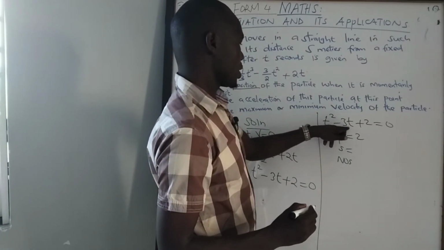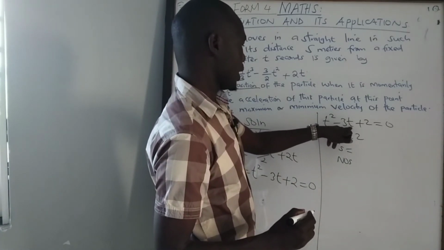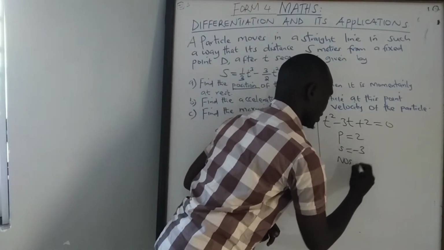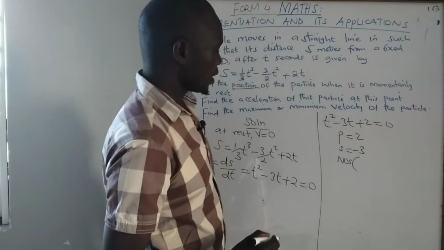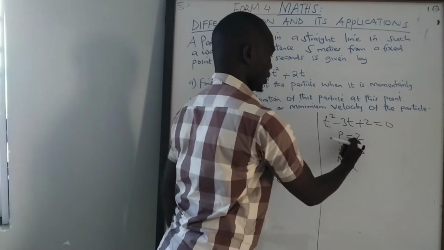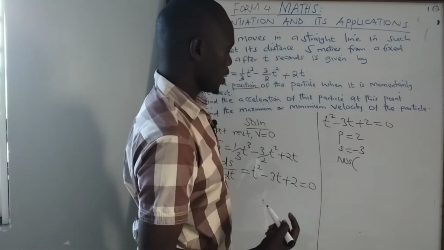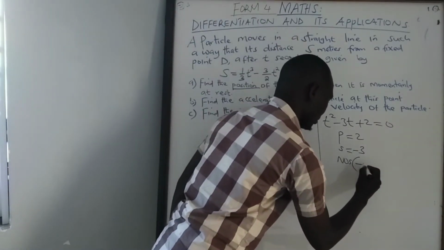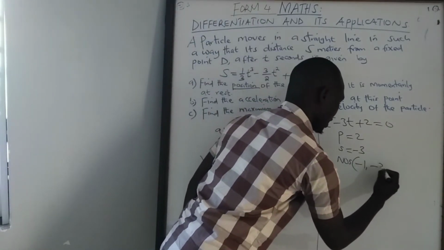Then this is t, which is the same as x, and the coefficient of t is our sum, which is 3. So we need two numbers whose product is positive 2, and the same numbers will give us a sum of negative 3, and those two numbers are negative 1 and negative 2.